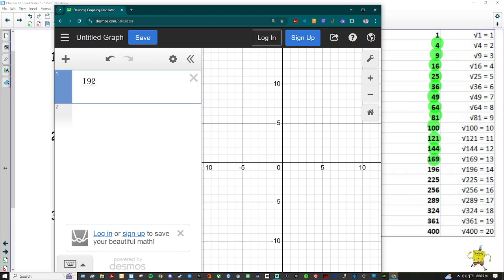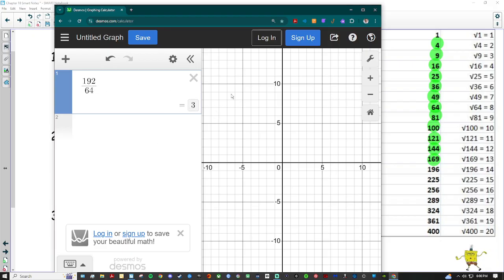And I start dividing. By 169, nope. 144, nope. 121, doesn't work. 100, nope. 81, nope. 64, there we go. 192 can be divided by 64 into 3.